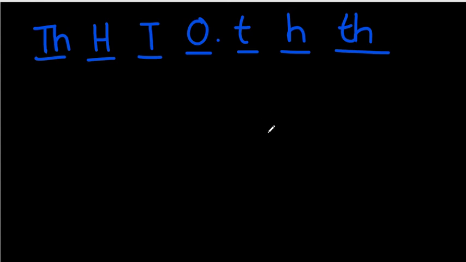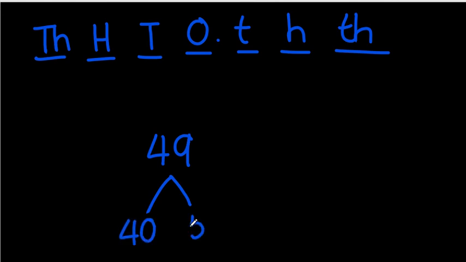If they say round a number to the nearest 10, let's say round 49 to the nearest 10, we are trying to see: is it closer to 40 or closer to 50? That's the idea with rounding, but we have a few methods to make sure we get the right answer. So bear in mind these place value columns, and then we'll get into how we use them in a sec.